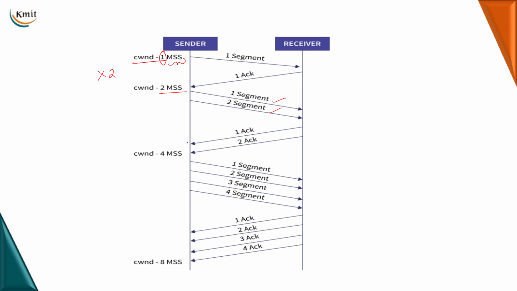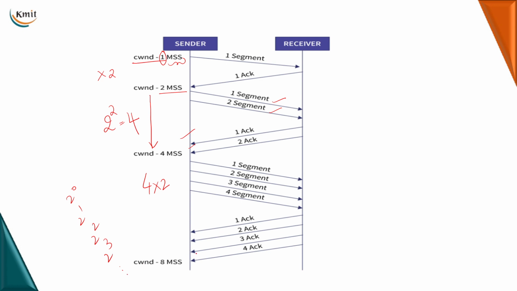Upon receiving the acknowledgement for both segments, again the congestion window size will grow exponentially, multiplying 2 again with 2, that is 2 power 2, 4, wherein in the next turn I will send 4 segments. Once I receive the 4 acknowledgements, my congestion window size will be 4 into 2, as it is growing exponentially: 2 power 0, 2 power 1, 2 power 2, 2 power 3, and so on.